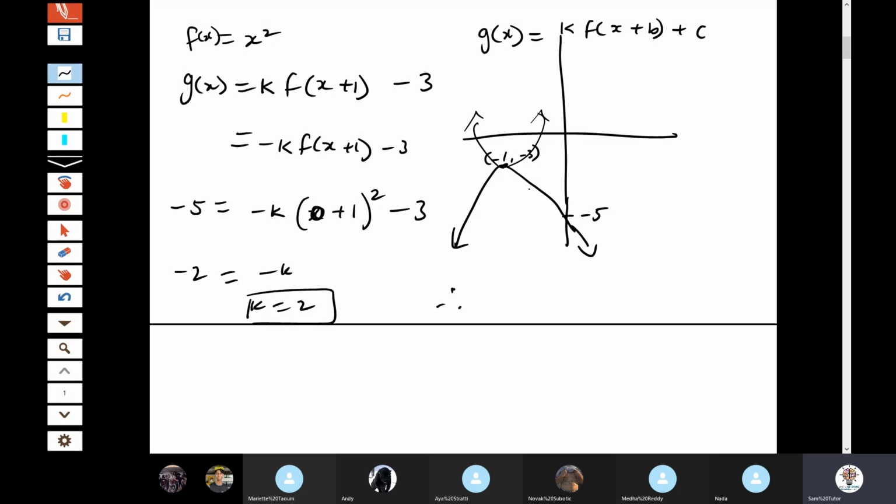So therefore, the transformed version is this of the original. Now, we're okay with that? One little bit that I have to make sure you are very careful with.